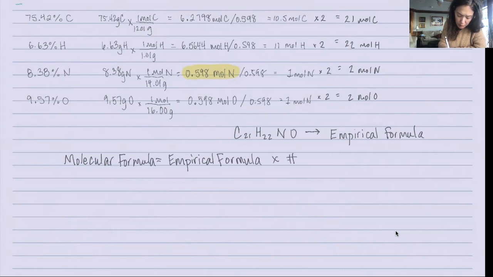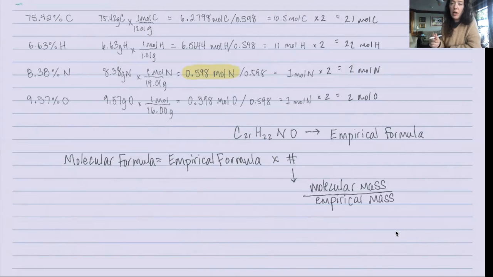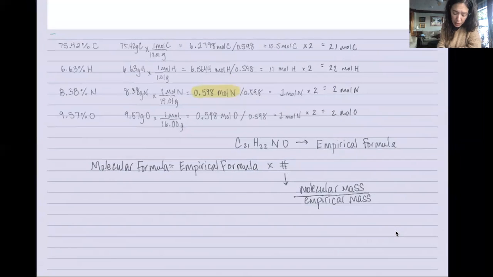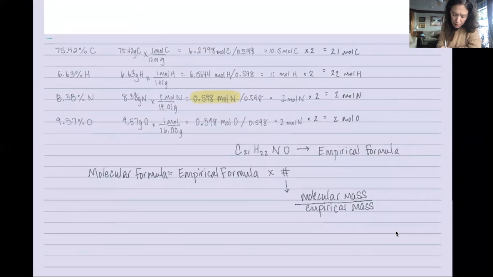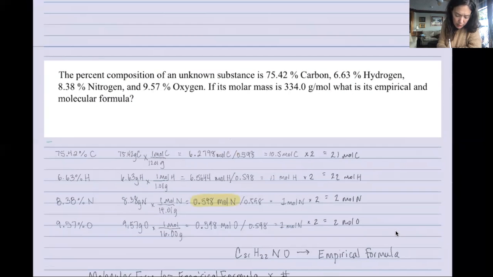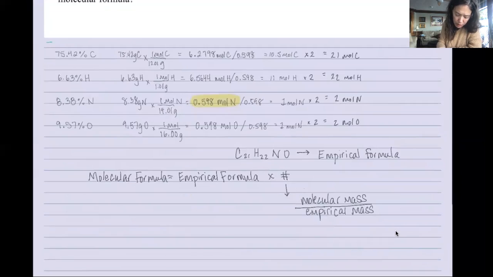A number, N. And we said that N can be found by taking the molecular mass, and we said that that would be given, and dividing it by the empirical mass, and we said that we need to calculate that using the periodic table. Okay, so the molecular mass is in fact given right here at 334.